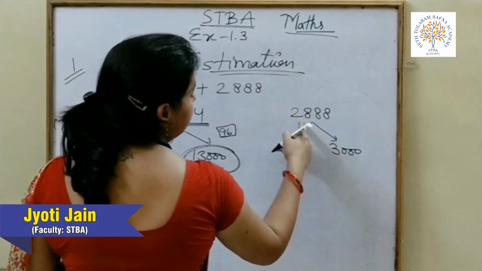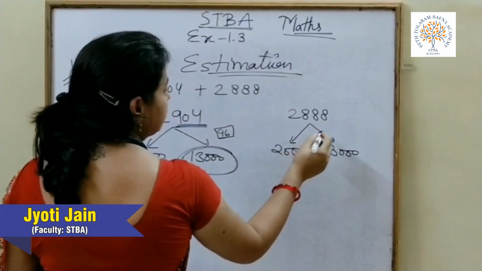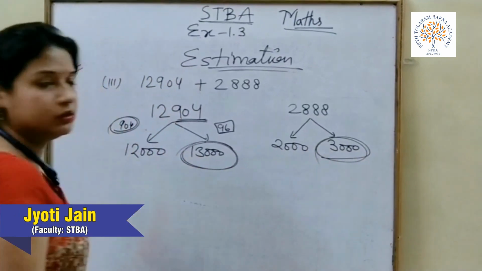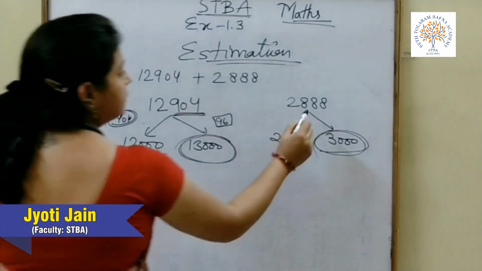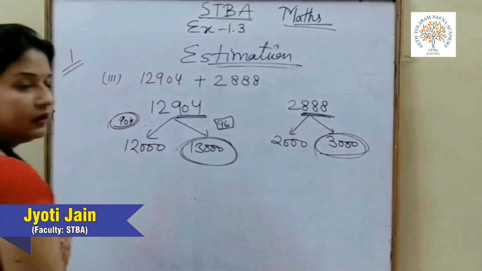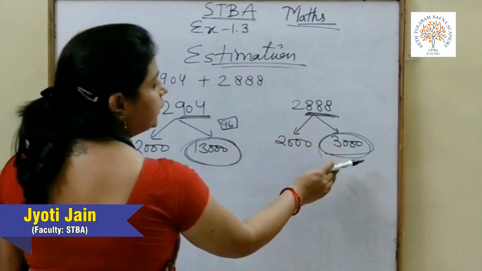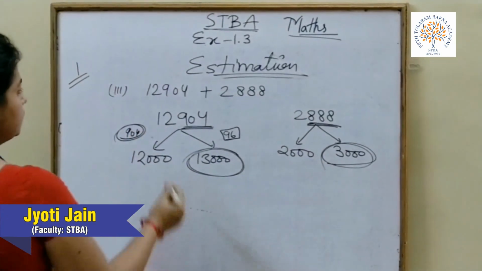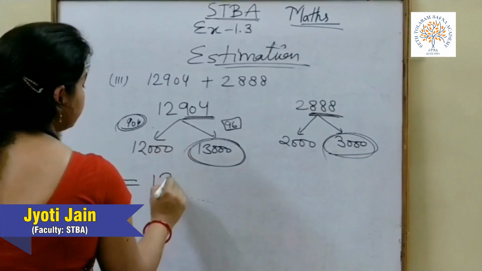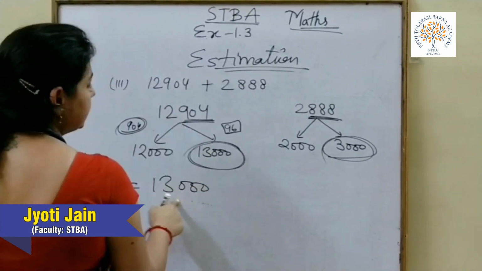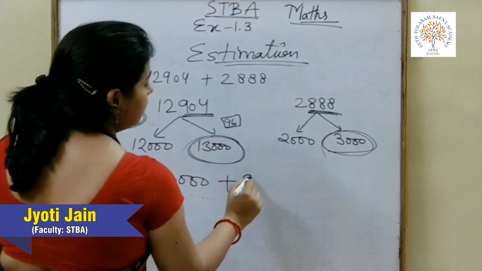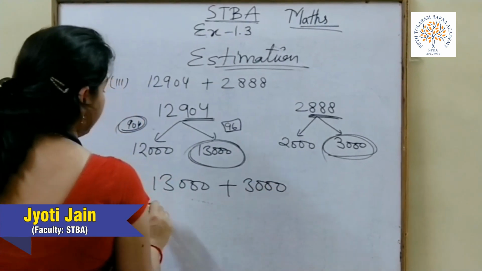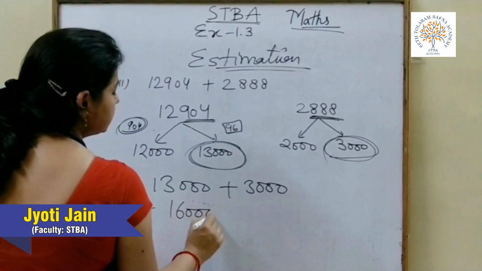Just like this side, 2,888: the nearest one will be 3,000. Again, the last three digits are greater than 500, so it will be converted into the next 1000. So write it: the approximate value of this one is 13,000 and this one is 3,000. Add them, the answer will be 16,000.